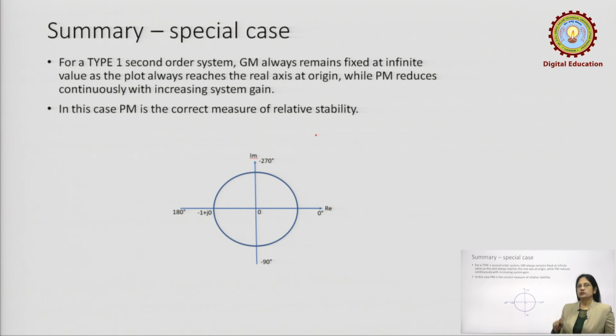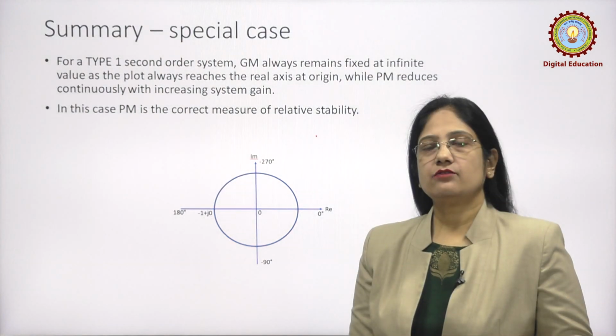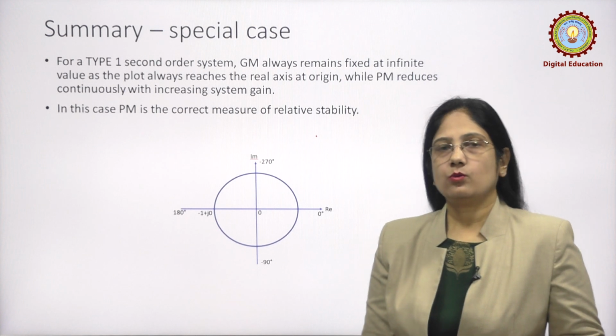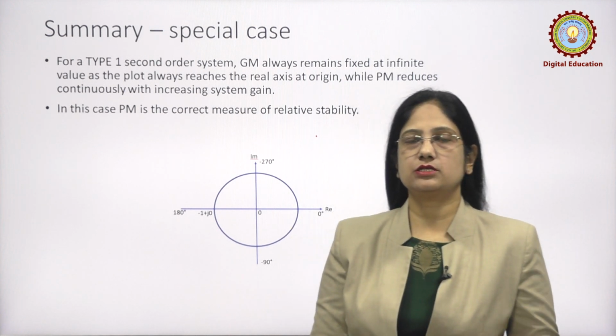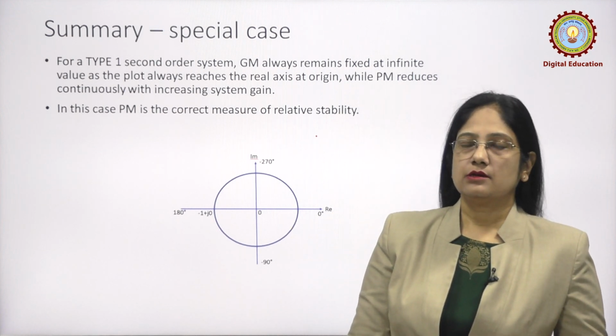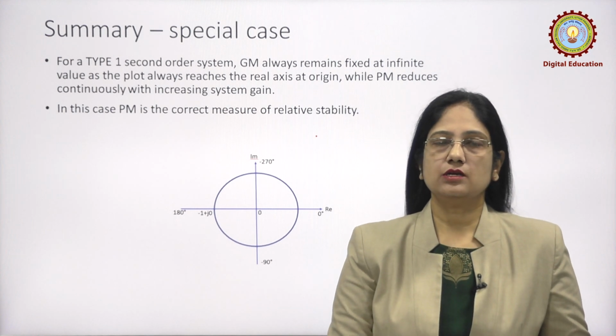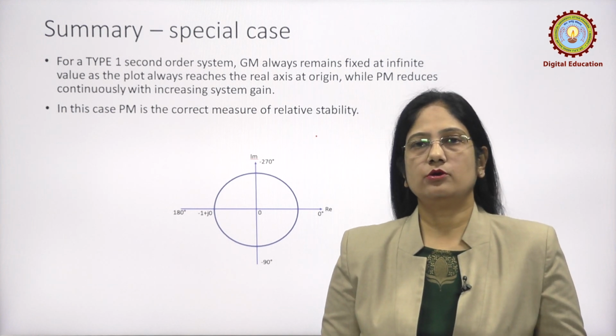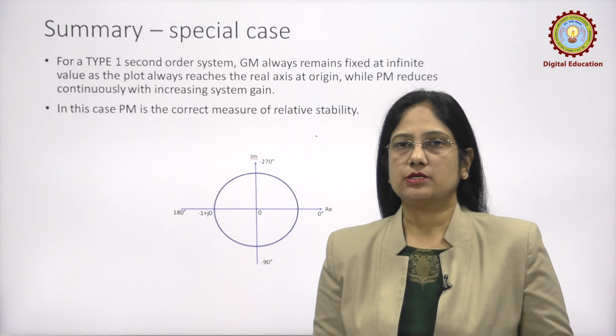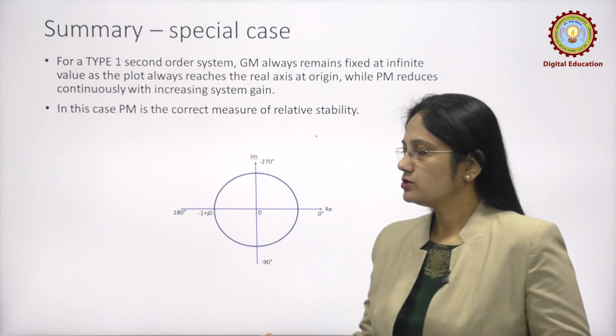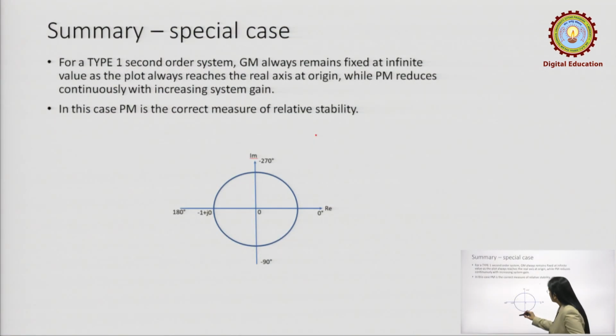What we talked about, the gain margin and phase margin, is important to test or understand the relative stability of a system. Now, for example, we have a type 1, second order system. Type 1 system means there is a pole at origin and there is one more pole which is not at origin. For such a system, the polar plot will look something like this.